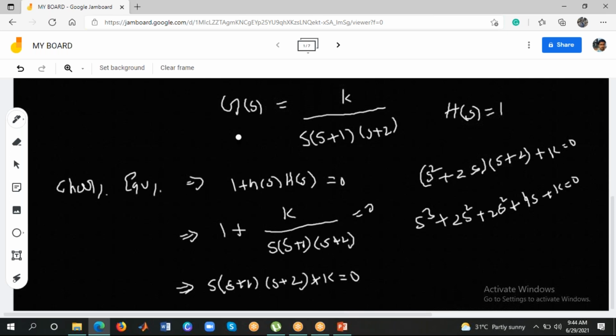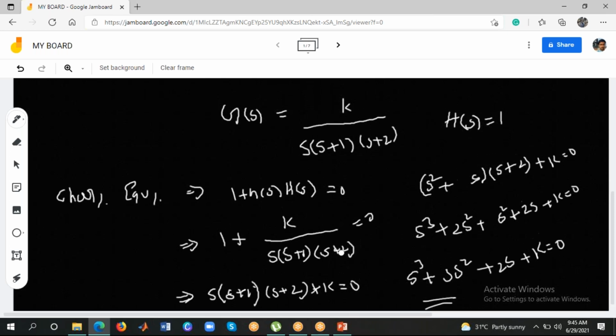Sorry, it is S plus 1, right? So finally we will get S cubed plus 3S square plus 2S plus K equals 0. So this is the characteristic equation.